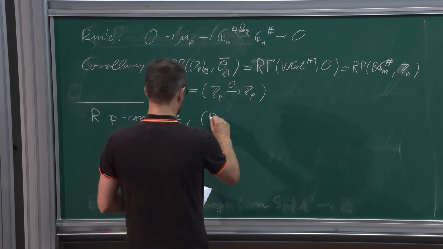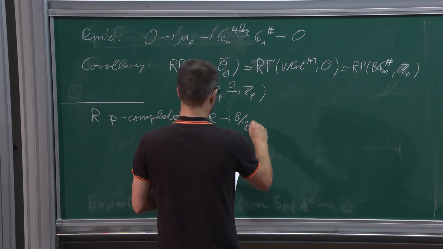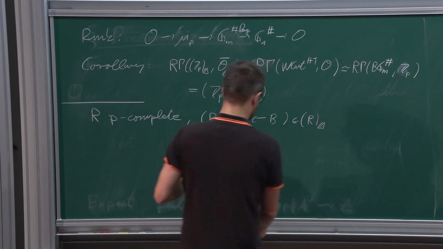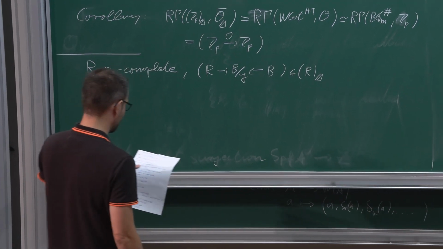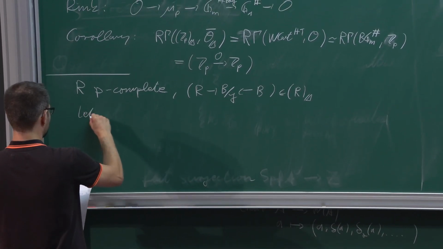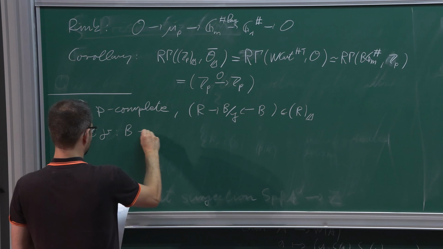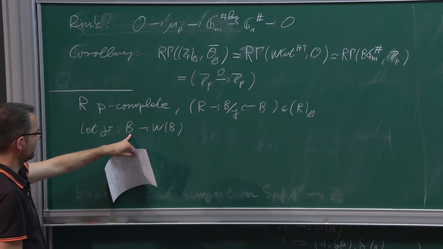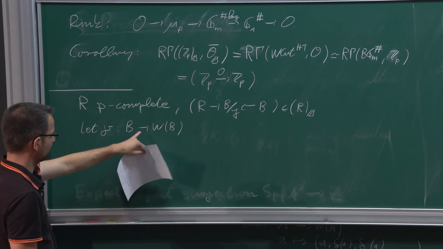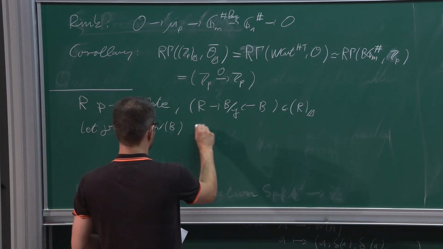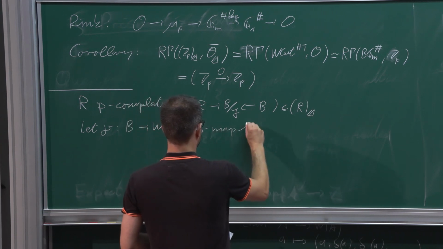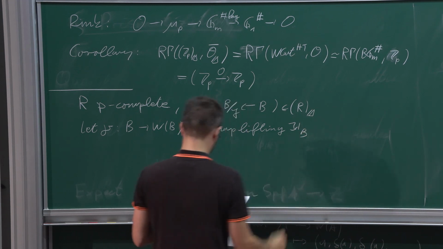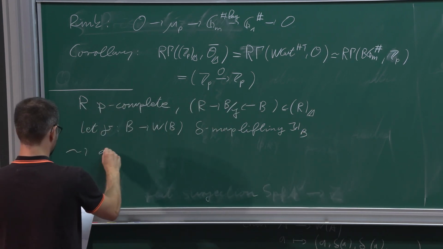Note that if we take some object in the absolute prismatic site of R, then let again gamma be the canonical lifting of the identity from B to the Witt vectors. And then what we get is the following.